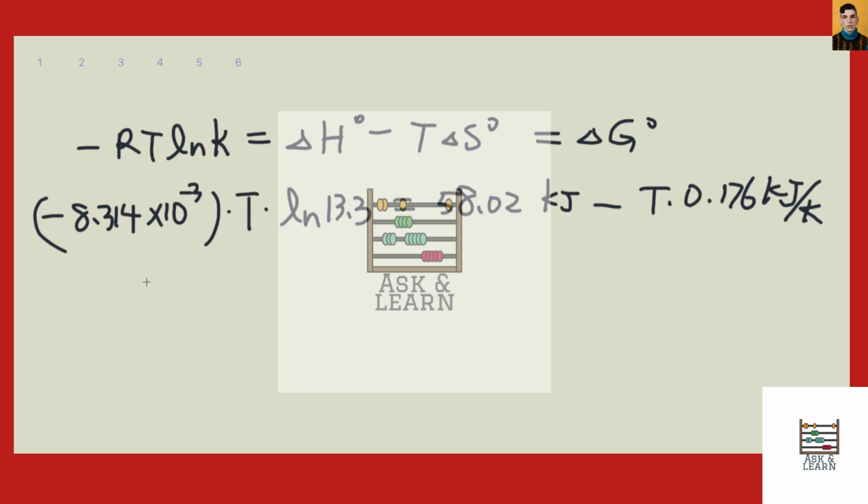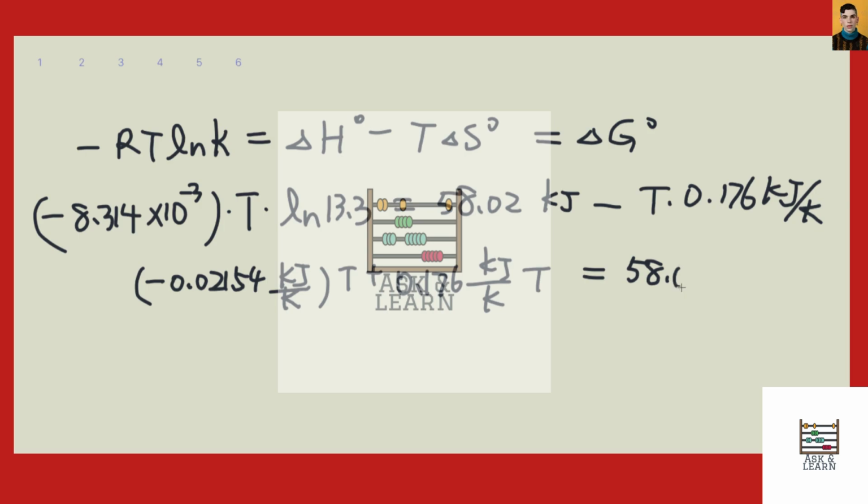So we move this term to the left side and solve for T. We have negative 0.02154 kilojoules per Kelvin times T plus 0.176 kilojoules per Kelvin times T equal to 58.02 kilojoules.